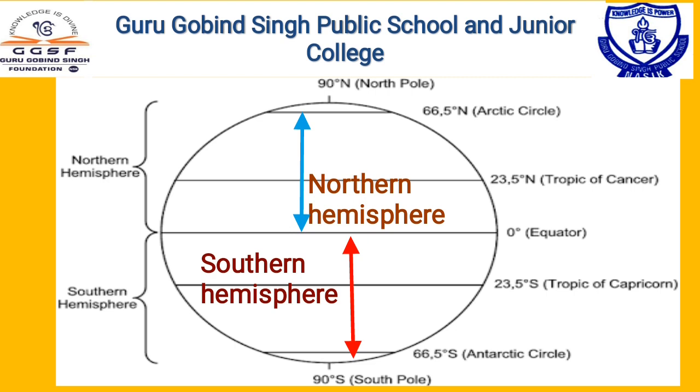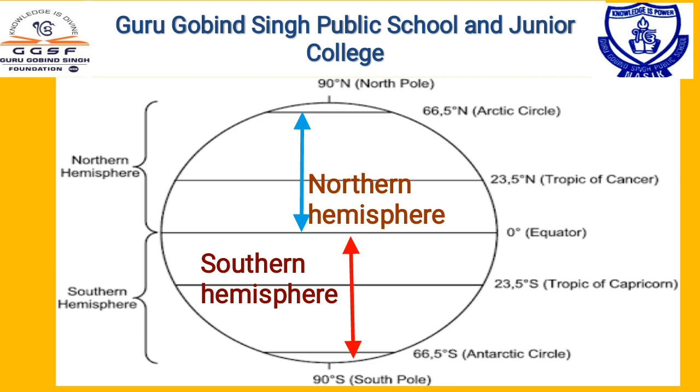Means when we go away from the equator toward the north and the south, the parallels of latitude become smaller and smaller in size. When they become smaller and smaller, in the north and in the south where the earth's axis ends, they appear as points.